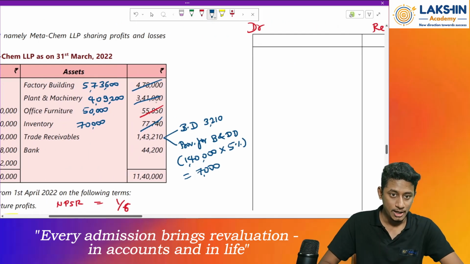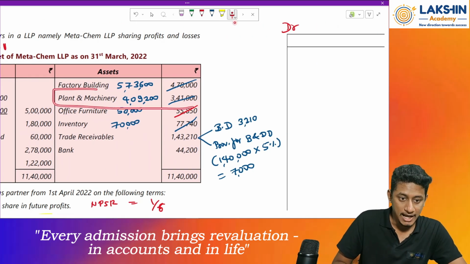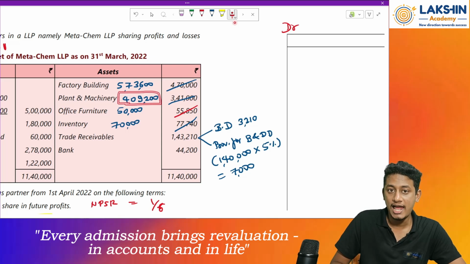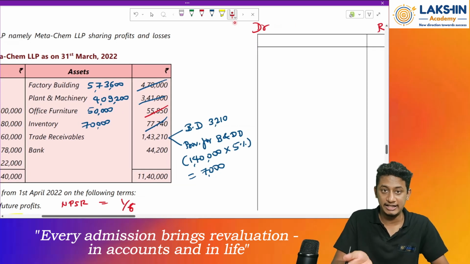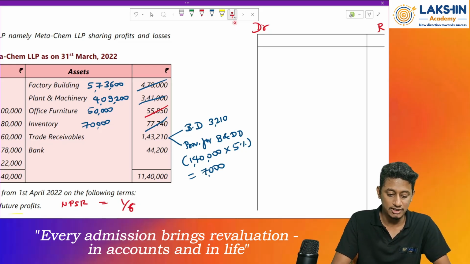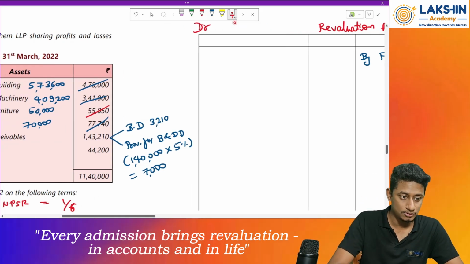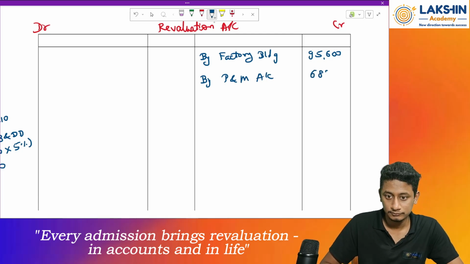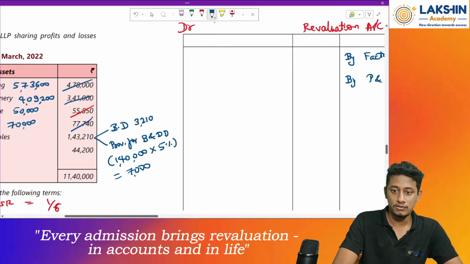Then next, plant and machinery. From 3,41,000, the value has increased to what? 4,09,200. So that means it has increased by how much? 4,09,200 minus 3,41,000 equals to 68,200. So what is the plant and machinery? By plant and machinery account, 68,200.